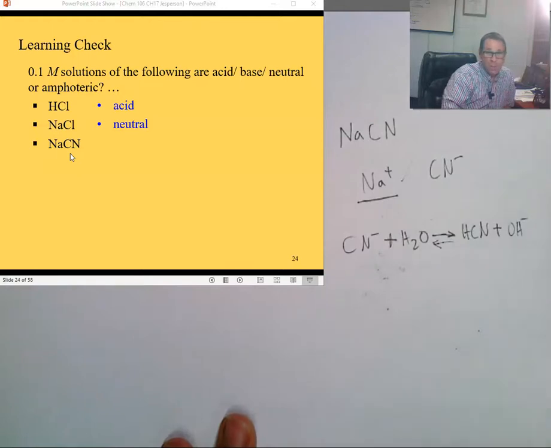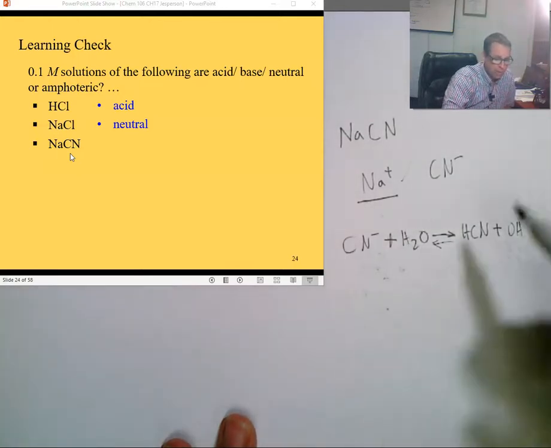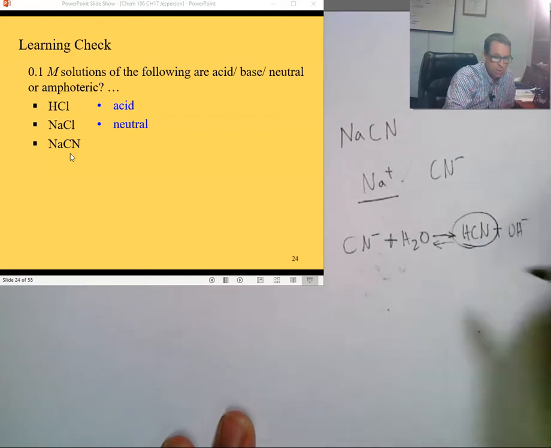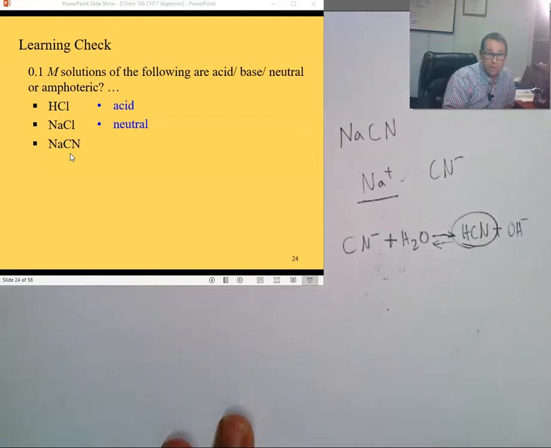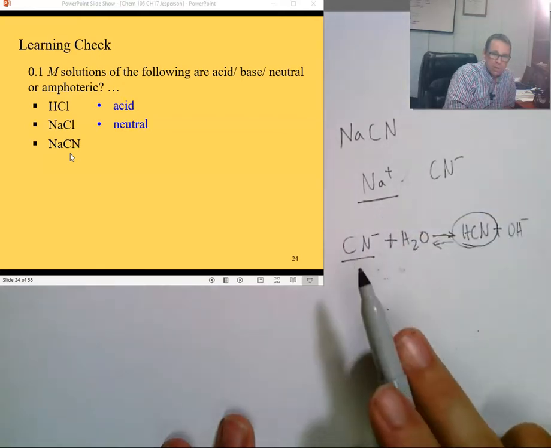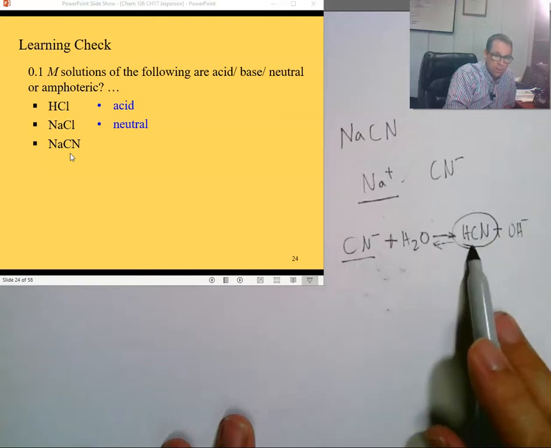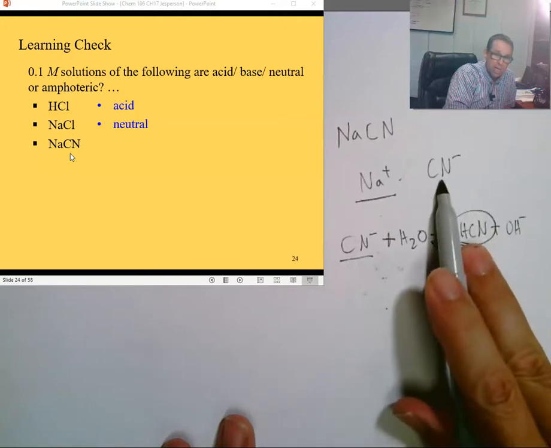And if we didn't know that, we could just write that and then if we saw that this was, ta-da, a weak acid, then we'll remember, oh yes, that's the conjugate base of a weak acid. Therefore, if you put cyanide ion into solution, it's going to take that hydrogen. Because it's the conjugate base of a weak acid, it's a fairly good base.